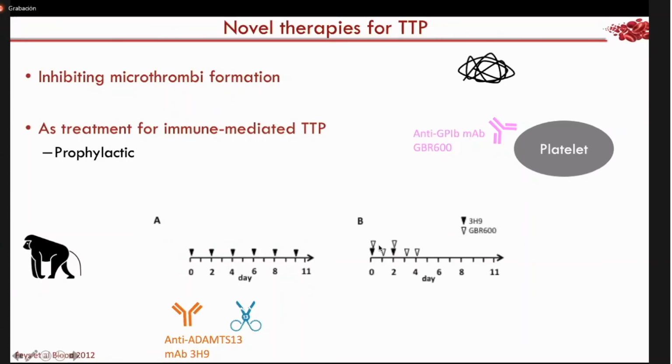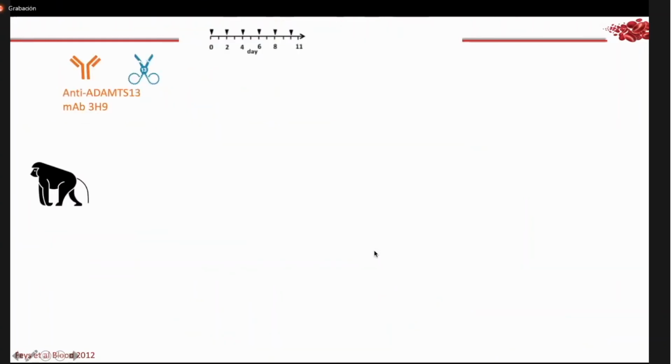So when we inject the antibody to block ADAMTS13, and then immediately thereafter inject the antibody that prevents microthrombus formation, can we prevent TTP?